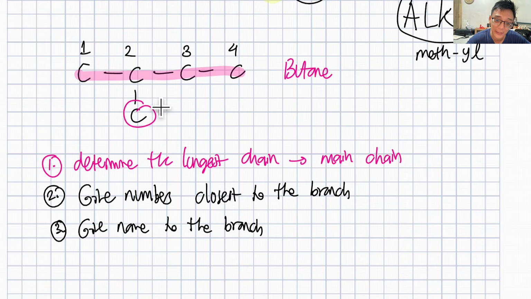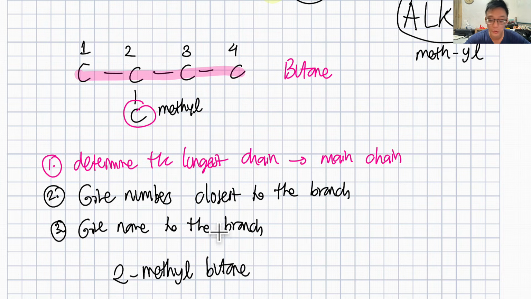So this is called methyl. Hence, if we combine everything, we have a butane that contains a methyl branch on the second carbon. So, in summary, the name would be 2-methyl butane. So you can name it as such. The number of the branch, the name of the branch, and the number of the main chain.